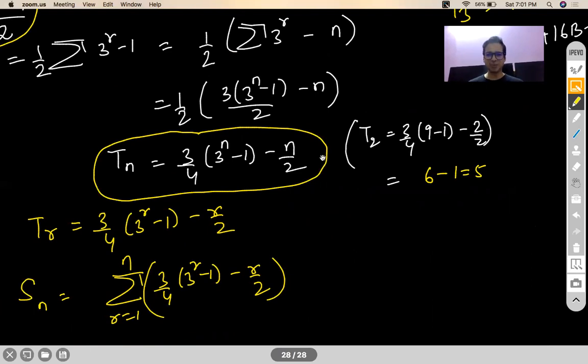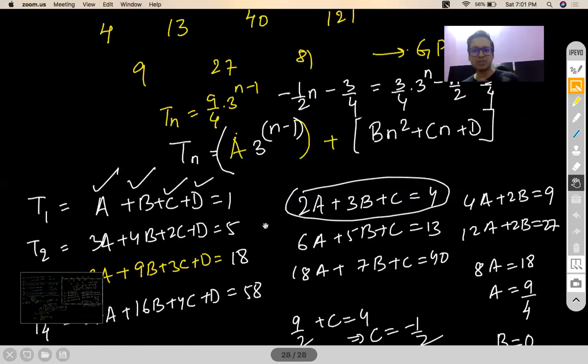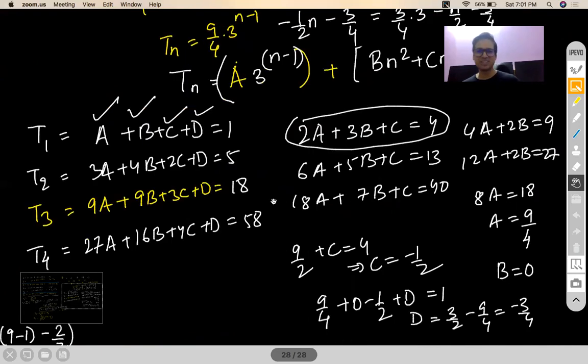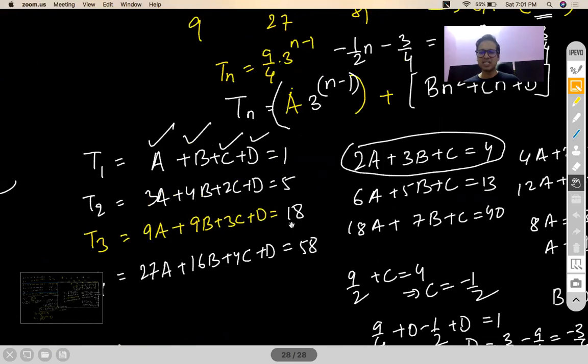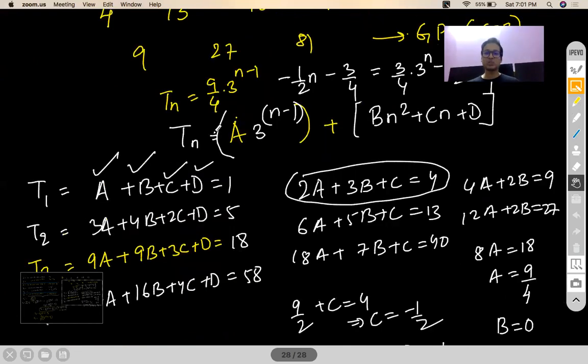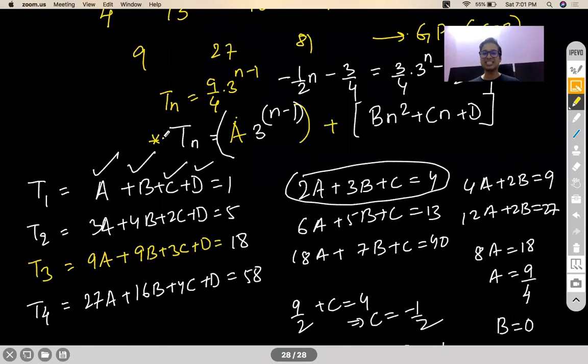So now this approach is much more predictable. I'm not saying it is faster. It is predictable. You don't have to take difference of the difference of the difference and all, right? What is important here is to understand how this Tn is actually taken, and that depends upon in which difference you start getting a GP.